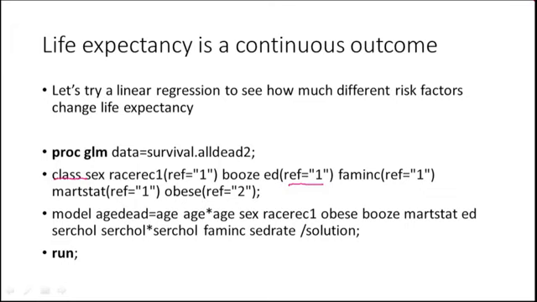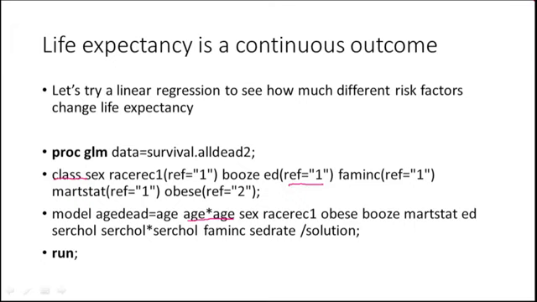Age, remember, is the age at which they entered the survey. Okay? And I put in also a quadratic term for age because I think that mortality rates may not change linearly with age, and therefore life expectancy may not vary linearly with age.